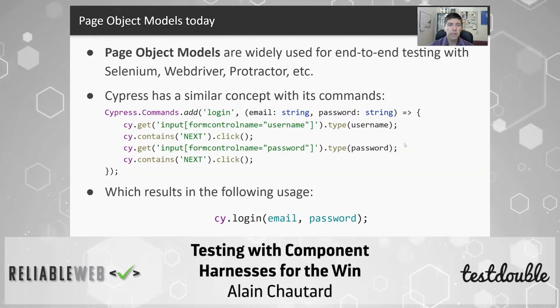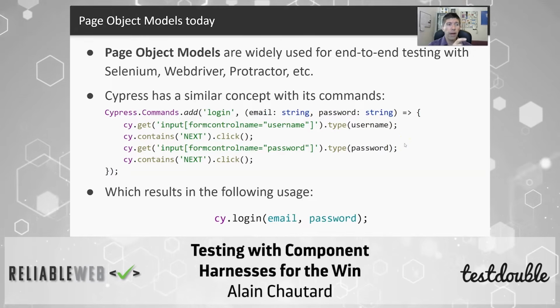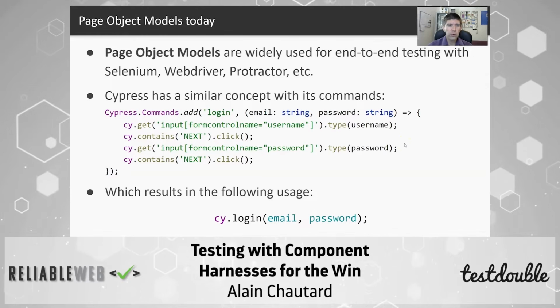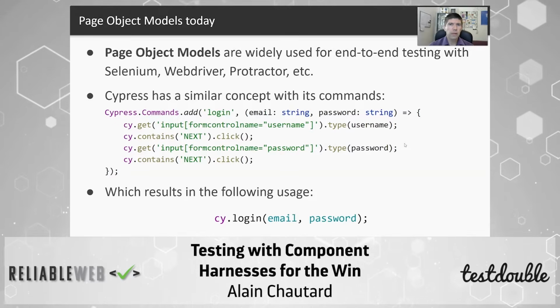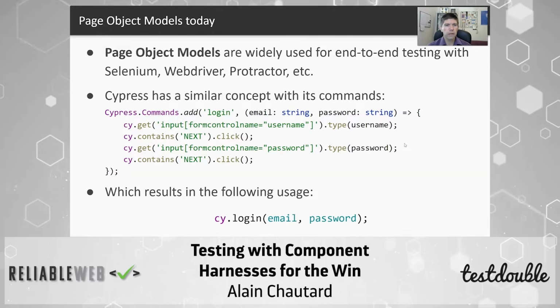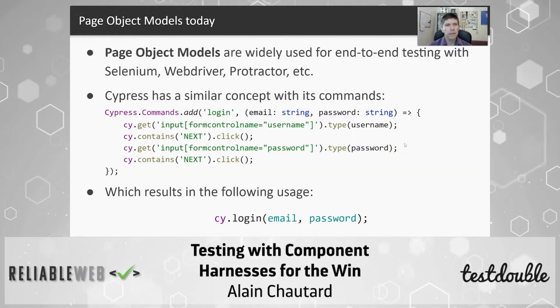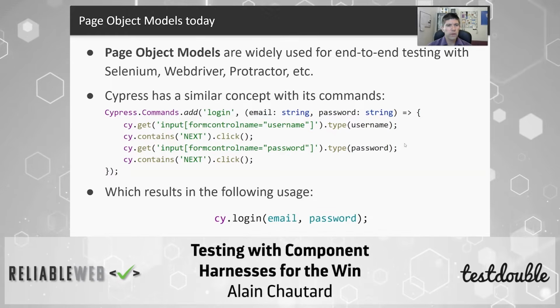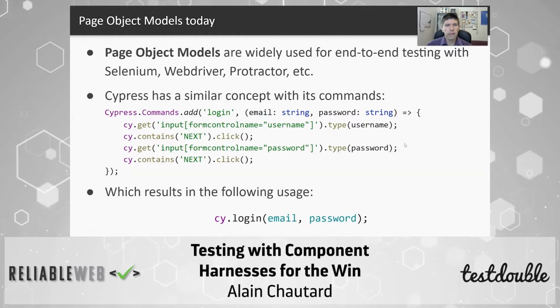You only have to update your code in one place, and that's this command. And the usage of that command remains the same. So that's something pretty powerful because it's a big time saver, and it makes every single test easier to write, easier to read, easier to maintain.